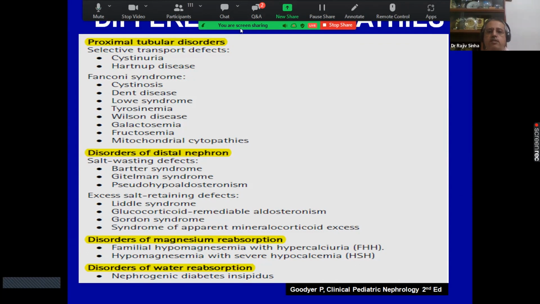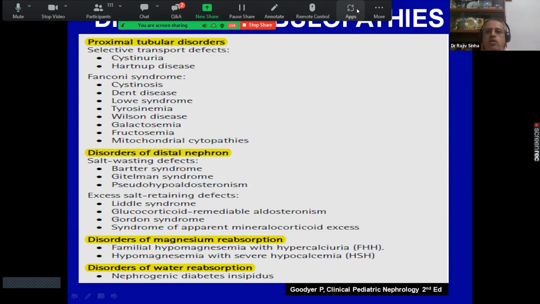There are classifications for tubular disorders.